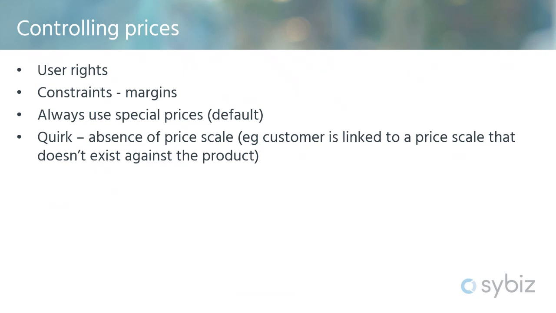So even if the special price is higher than other prices, with the exception, of course, of your contracts. And the quirk that we just wanted to point out, there are a lot more quirks on the costing side of the fence, but as far as the pricing side is concerned, it's really just that absence of a price scale that can get you that situation where a price will default to zero if the combination of customer price scale and product doesn't have a price associated with it.